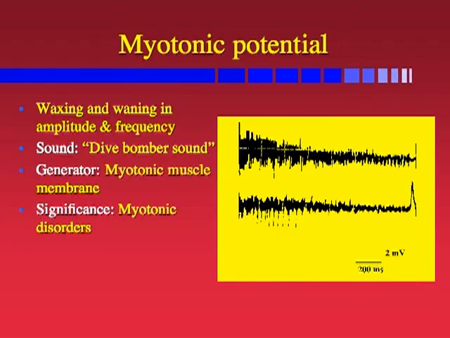If myotonic potentials are recognized by the needle EMG test, the patient is considered to have myotonic syndrome until proven otherwise. Only a few other diseases show myotonic potentials on the needle EMG. One of them is acid maltase deficiency. Watch and listen to myotonic potentials.